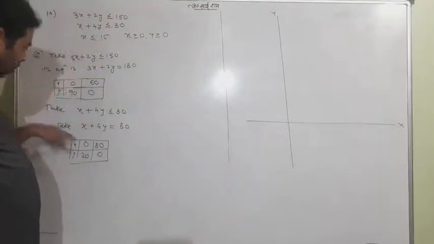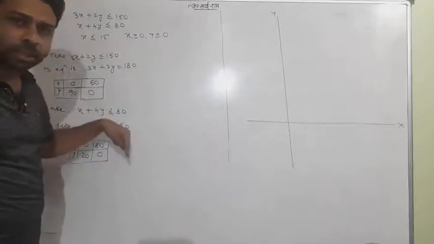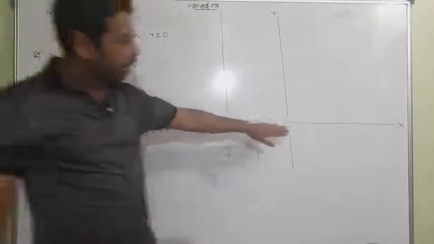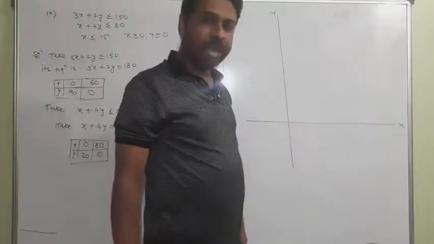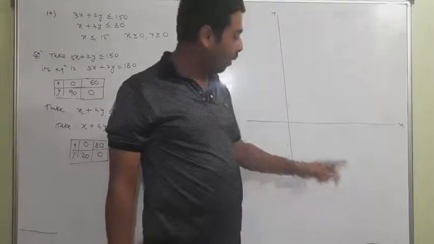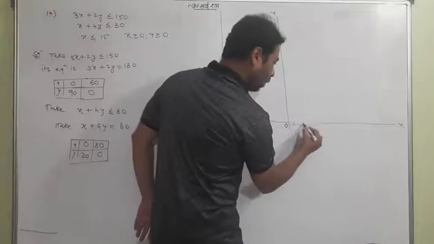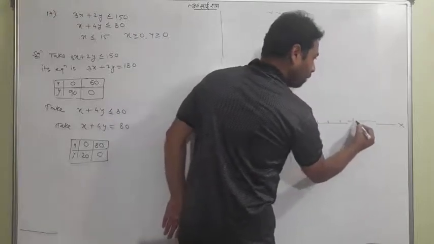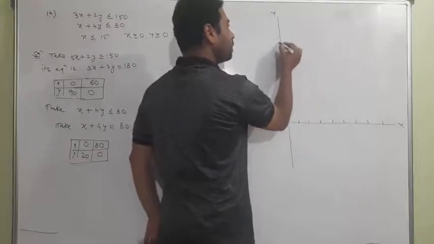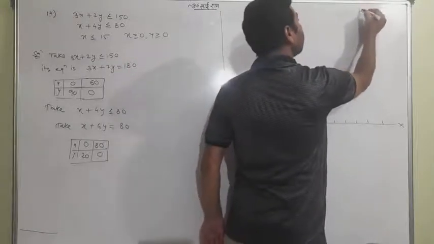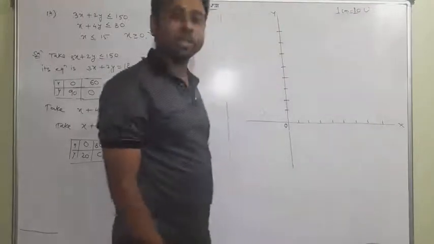Now you have to decide on your own what scale will be perfect. I think 1 centimeter equal to 10 units will be good, because look at 1, 2, 3, 4, 5, 6, 7, 8, it is 80.